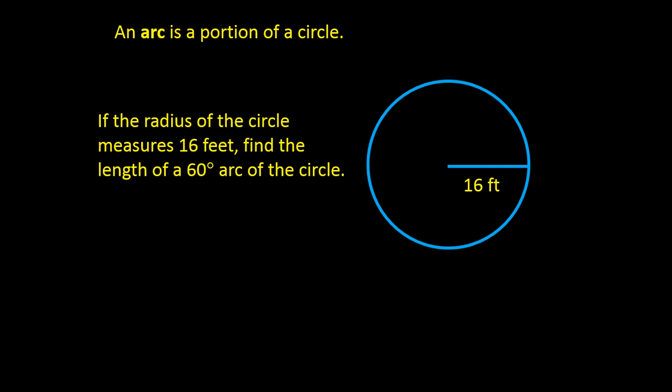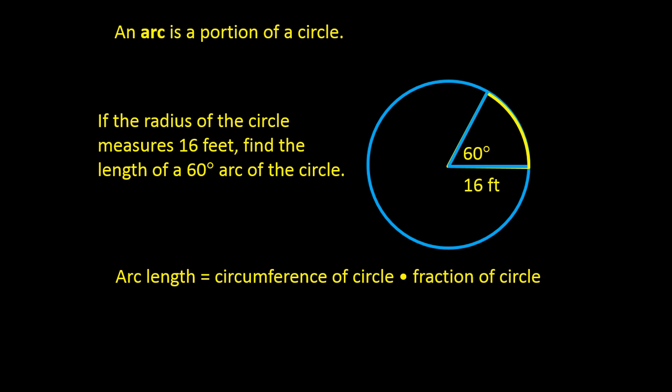Let's try another one. What if we know a radius of the circle is 16 feet and we want to find the length of a 60-degree arc? So a 60-degree arc would look something like this, and we want to find the length of that arc. Well, certainly we could find the entire circumference of the circle by taking 2 times pi times its radius, but we don't want the entire circumference.